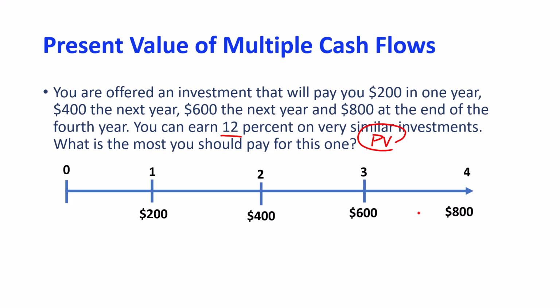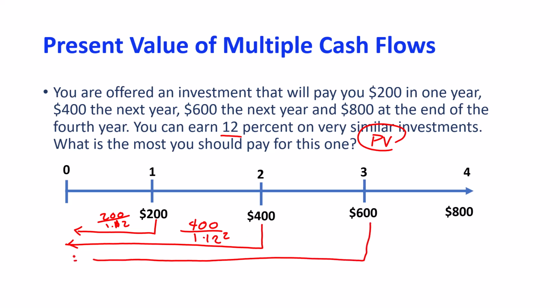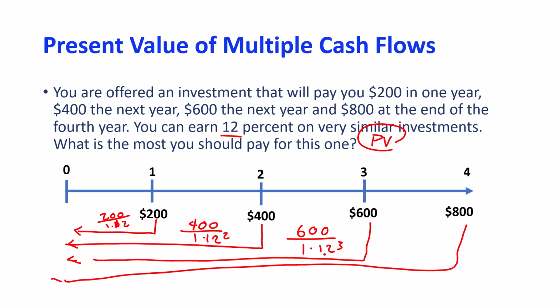You can do this just with the knowledge of time value of money that you had from before. All you need to do is to discount the $200 for 1 year, the $400 for 2 years, the $600 for 3 years, and this one for 4 years.